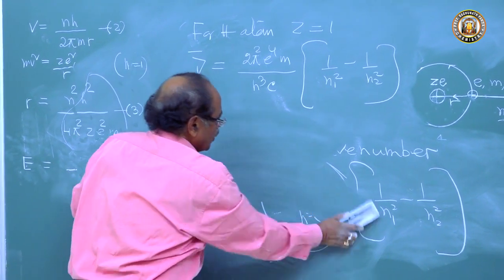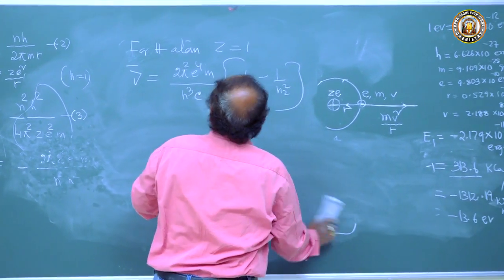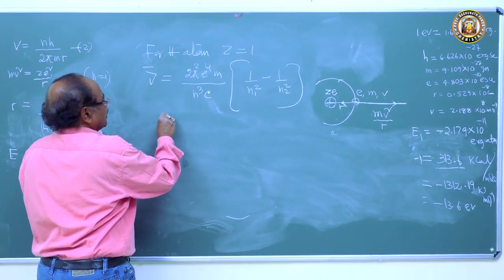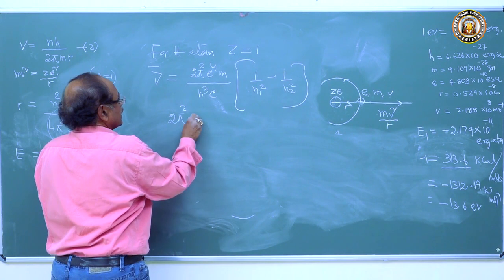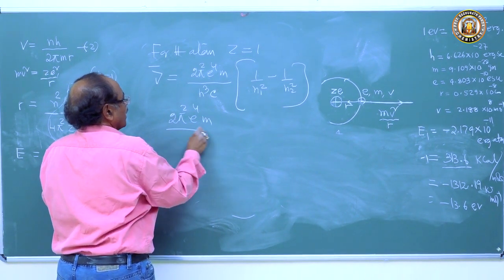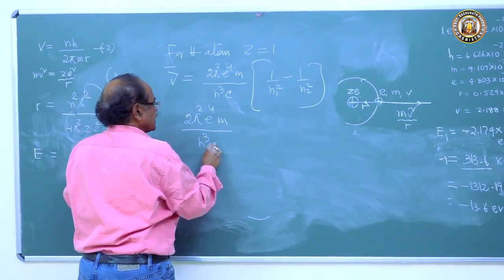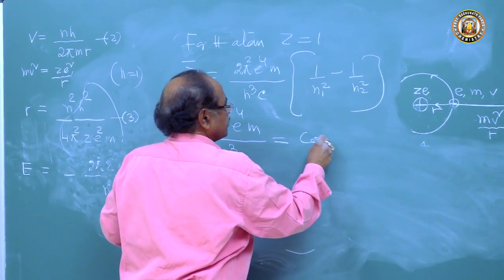Now this is a constant. All these values are constants. So 2 pi square e fourth m by h cube c is a constant.